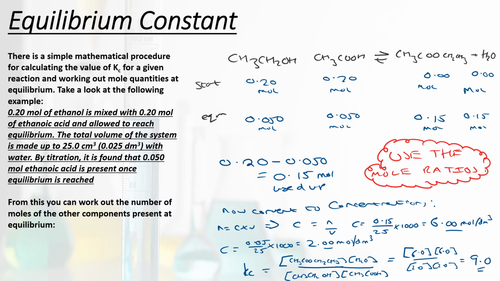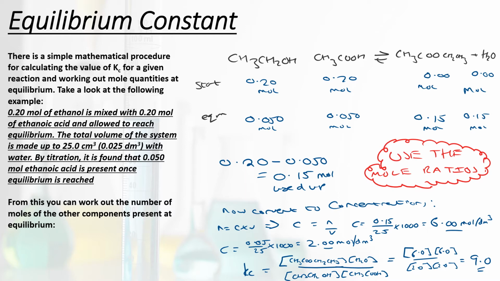Then we need to look at our product. So we started, remember, with the reactants at 0.2 moles. And at equilibrium, we've got 0.05 left. So that means that we must have used up 0.15 moles. We started with 0.2, we've ended with 0.05, that's a difference of 0.15. So 0.15 moles of our reactant must have reacted to form the products.